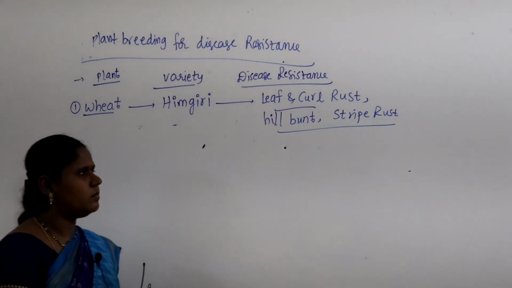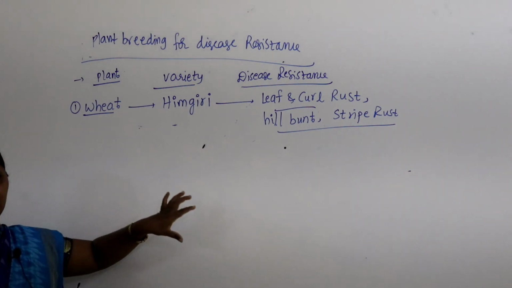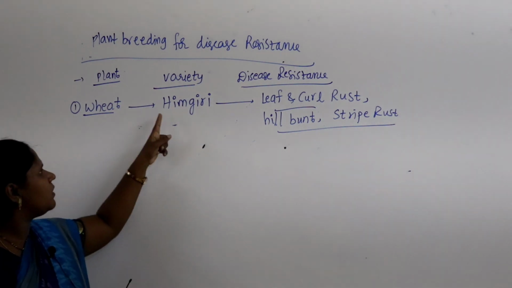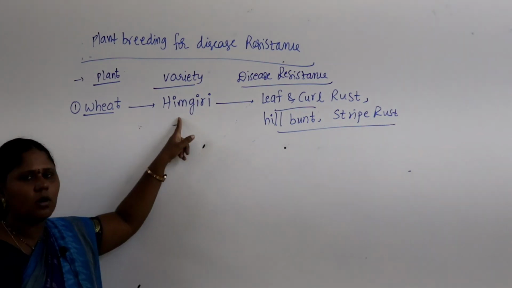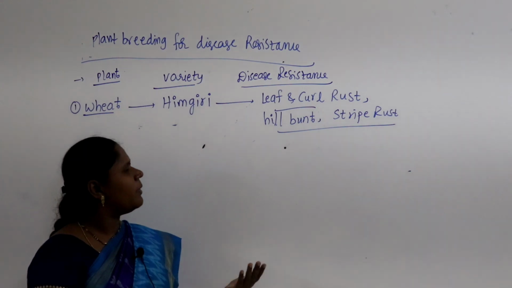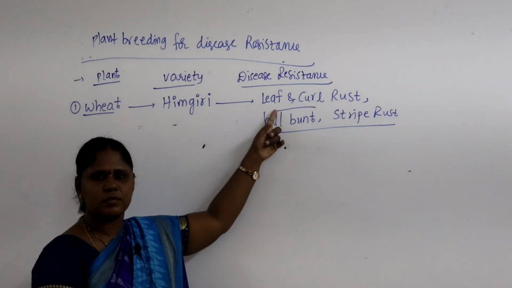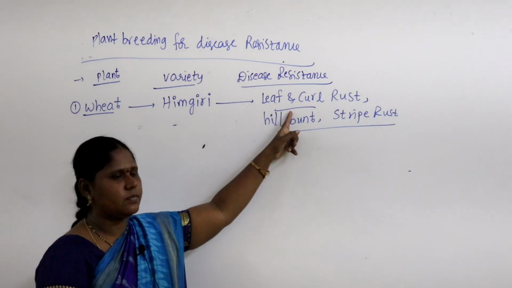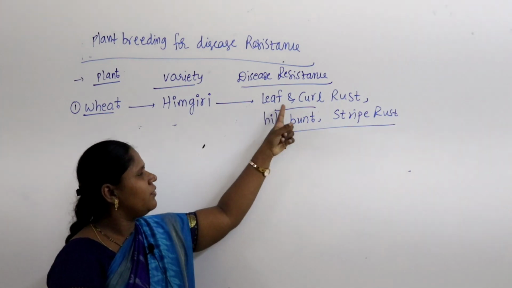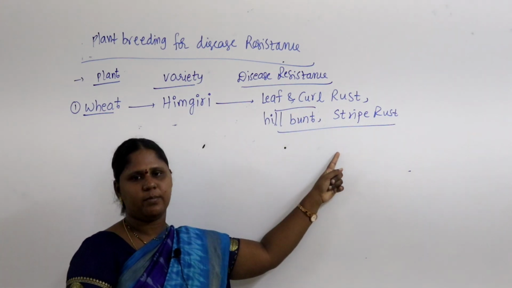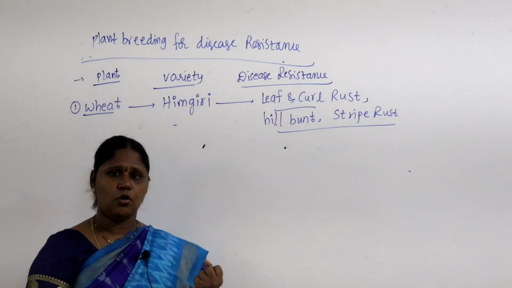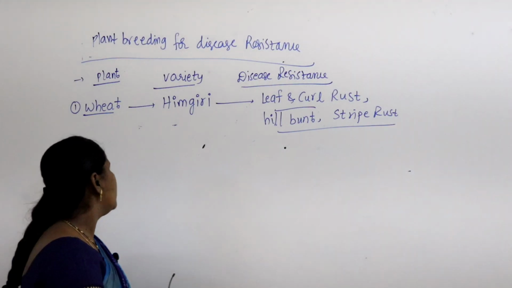What are we writing in the table now? We have taken a normal wheat variety, whose gene is modified, and created another variety. Now this wheat variety which shows disease resistance is called Himgiri. Himgiri shows resistance to what diseases? The most common diseases which appear in wheat are these, right. Now our variety shows resistance to these diseases: leaf and curl rust, hill bunt and stripe rust. So wheat may not be affected by these diseases because it has become very strong. Now it has become disease resistant, right.